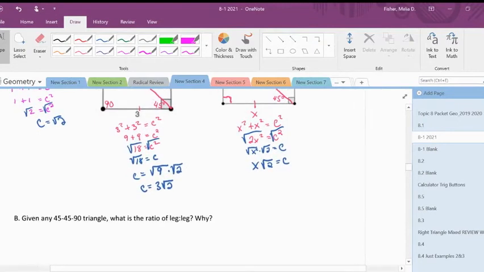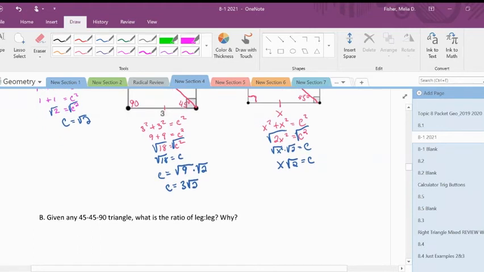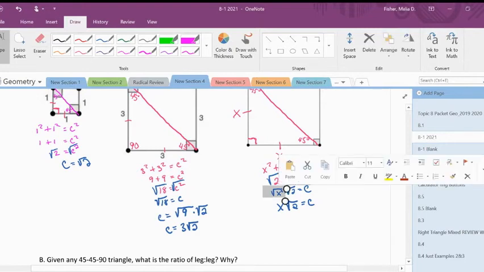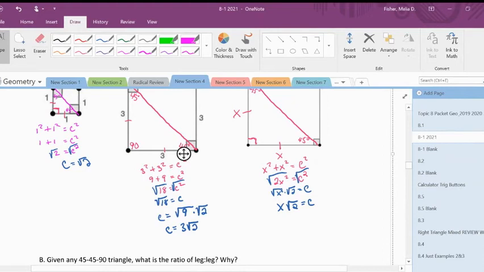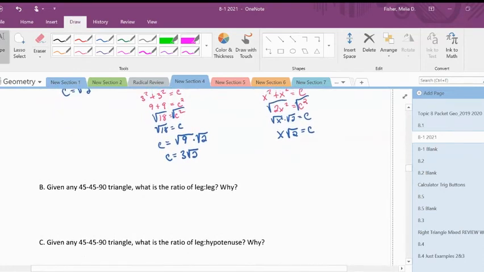given any 45, 45, 90 triangle, what is the ratio of the leg to the leg?